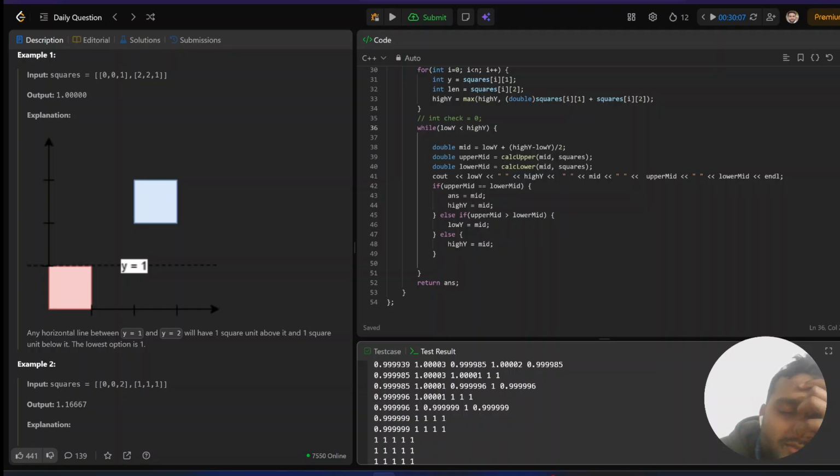I think when we use this divide approach, we can't exactly reach the value. We are continuously dividing, dividing, dividing.